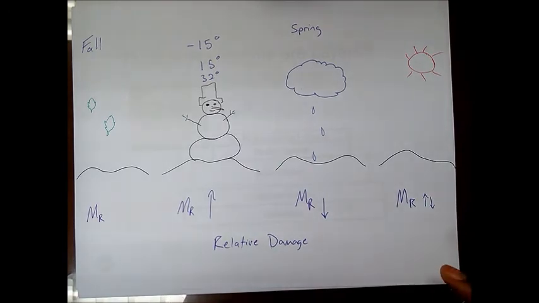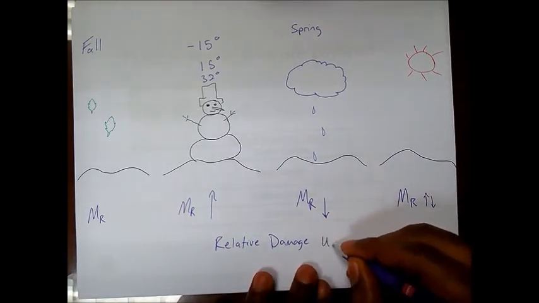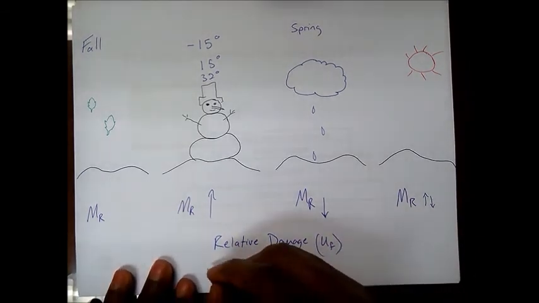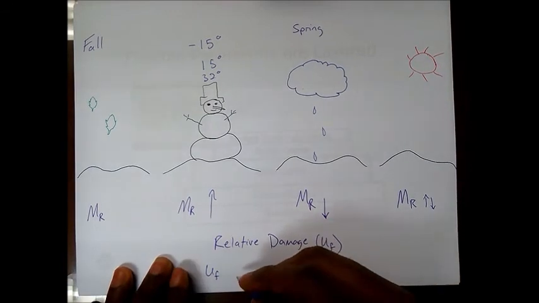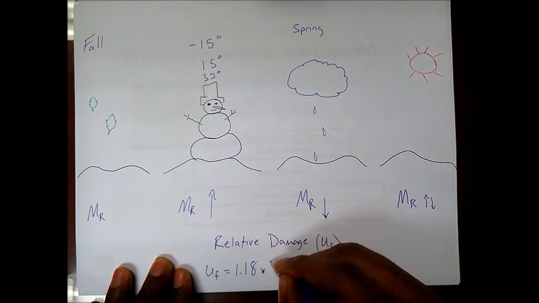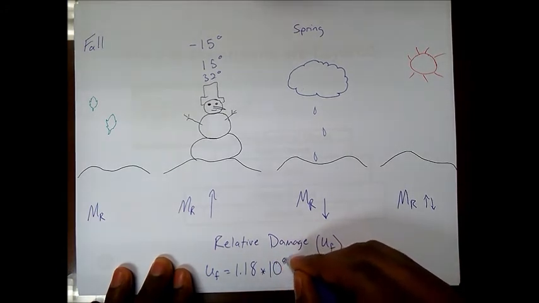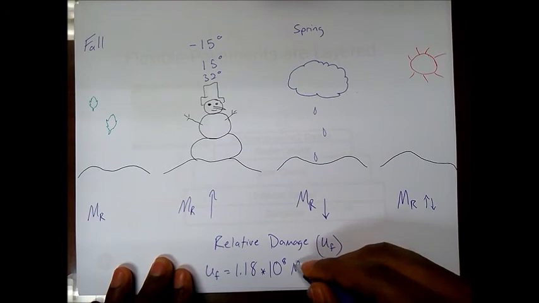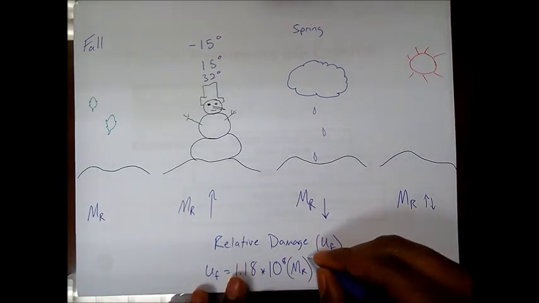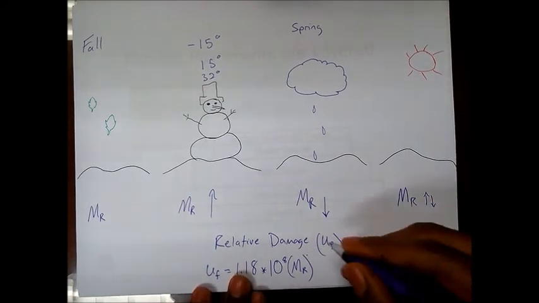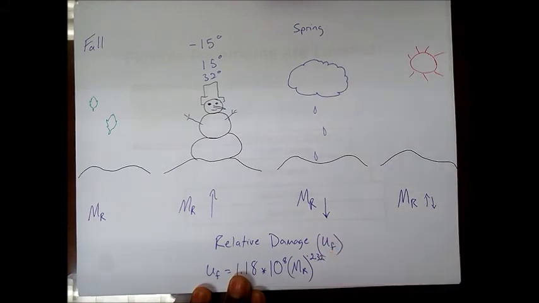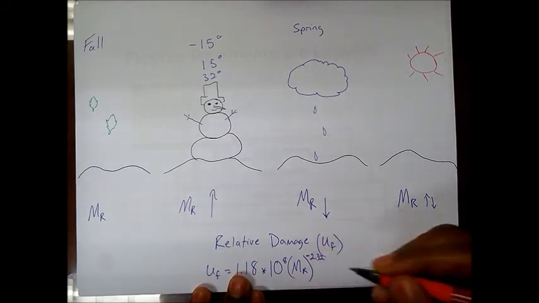And that relative damage is usually represented by this variable, and that variable has the following formula. So that is raised to the negative 2.32.